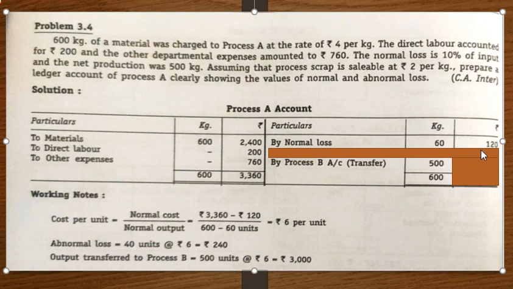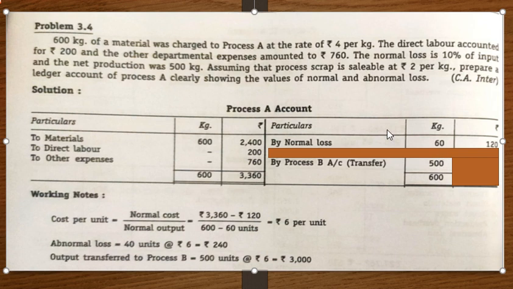Before finding the value, we need to check whether the input units and the output units are balancing. Your input side units total is 600 units. Next, your normal loss units are 60 and the output is 500. So there is a difference, isn't it? When you add 500 plus 60, that gives you 560.